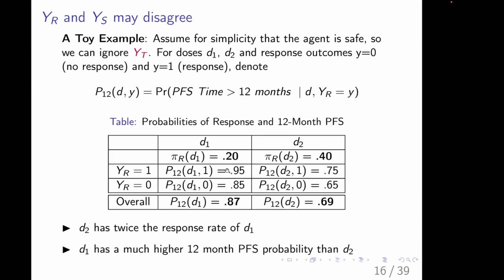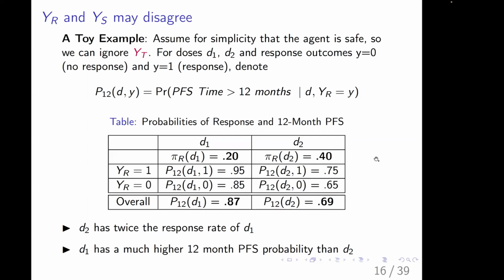But when we look at these conditional probabilities of surviving 12 months, or PFS longer than 12 months, of 0.95 for responders, dose 1 has 95%, dose 2 has 75%, and we have different numbers, 85 and 65. When you just crank out the probability computation, you get that the unconditional 12-month PFS probability for dose 1 is 0.87, but for dose 2 it's 0.69.